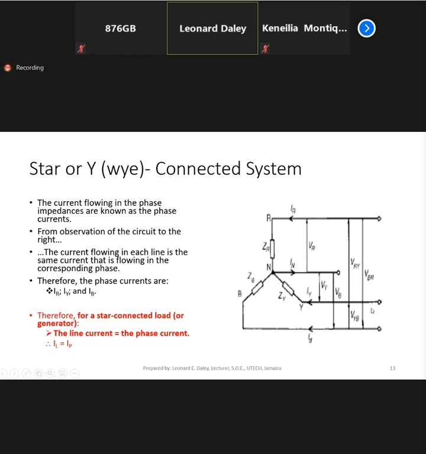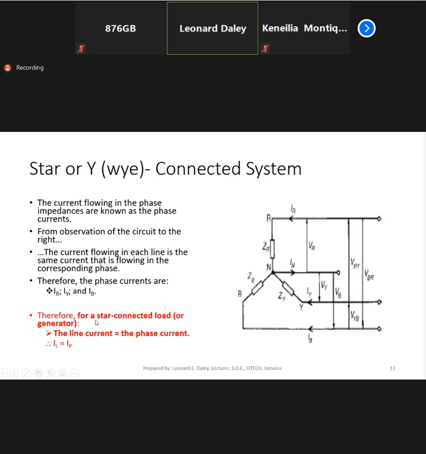Right? So for all of them, since there's no other path for the current to flow at this point, the current flowing in the line is also the current flowing through the phase, and similarly here. All right, so for a star connected system, the line current and the phase currents are the same.